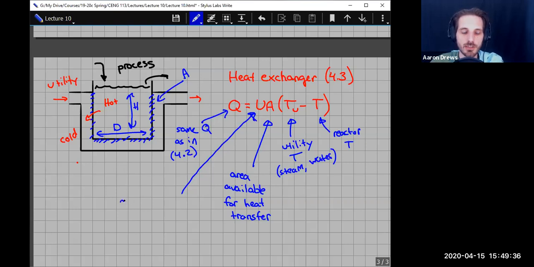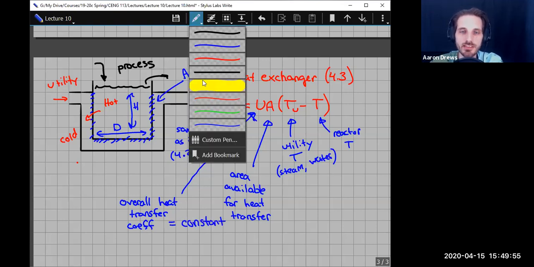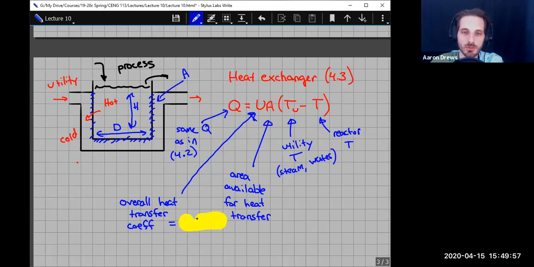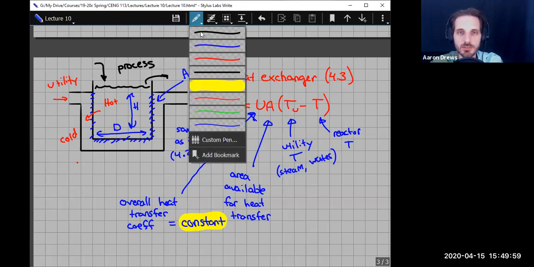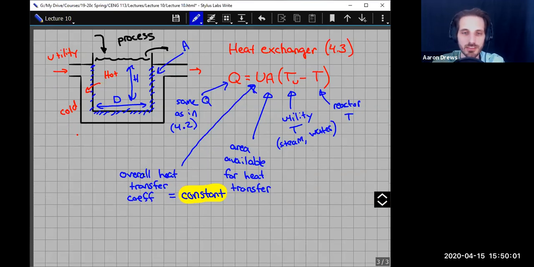This U, and I've got 1 minute left, is called an overall heat transfer coefficient. The most important thing about U for this class is it's constant. So it's not going to be anything that we have to calculate in terms of not knowing it ahead of time.